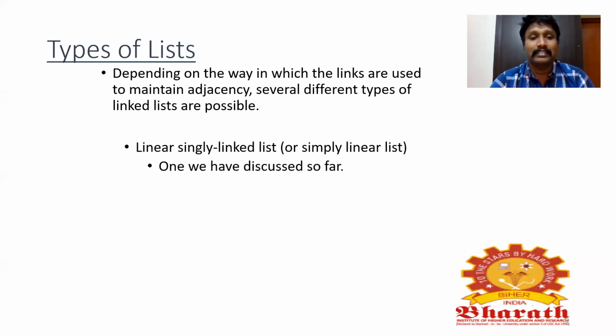Linked lists are differentiated into three different categories: the singly linked list, the doubly linked list, and the circular linked list. The singly linked list can also be called a simple linear list.